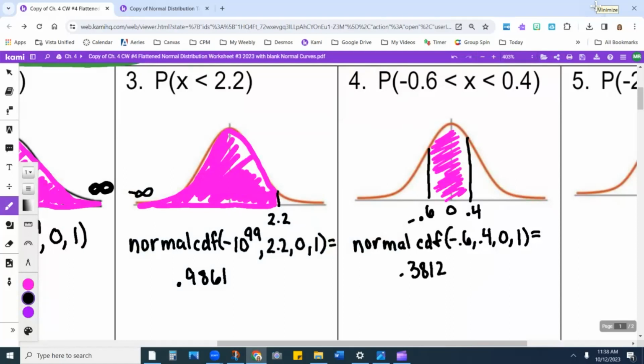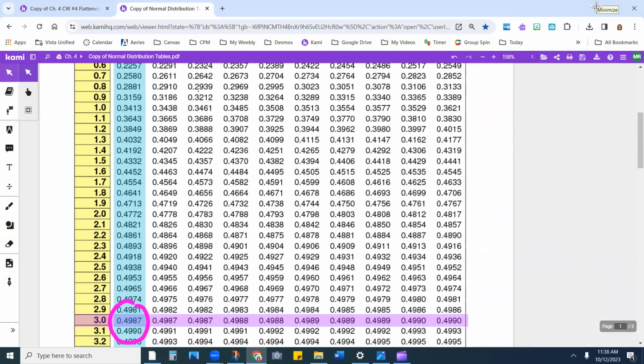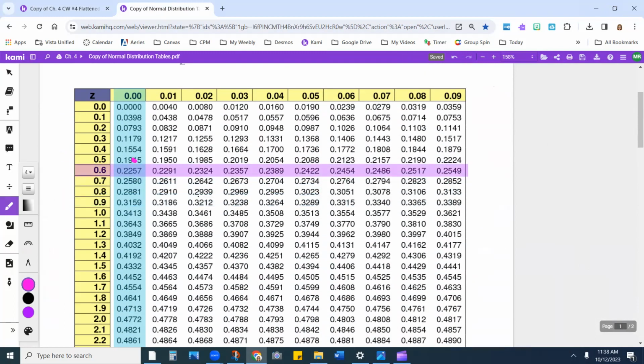Now, if I was using the table, I would have found this section here for 0.6 on the first table and this section here, 0.4, and I would have added them together. I would have looked at 0.6, which would have been this 0.2257.